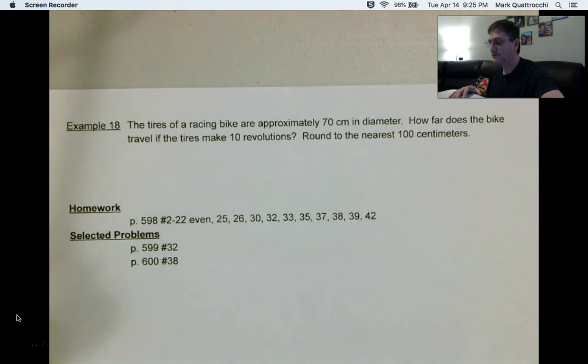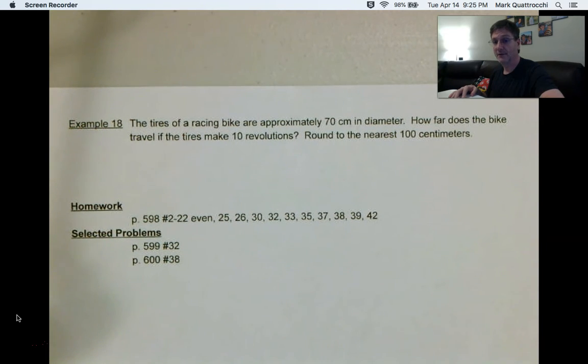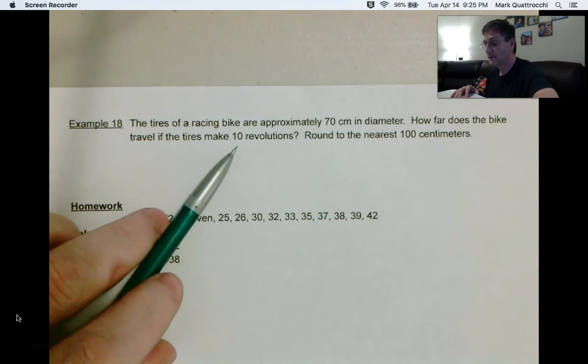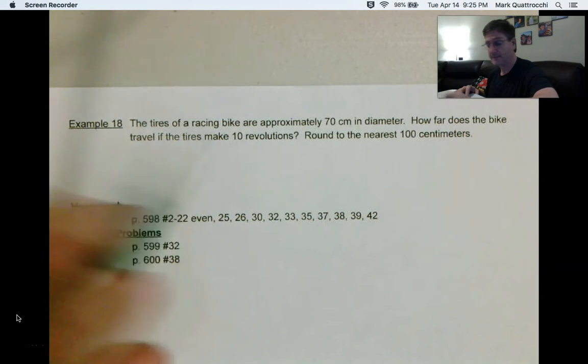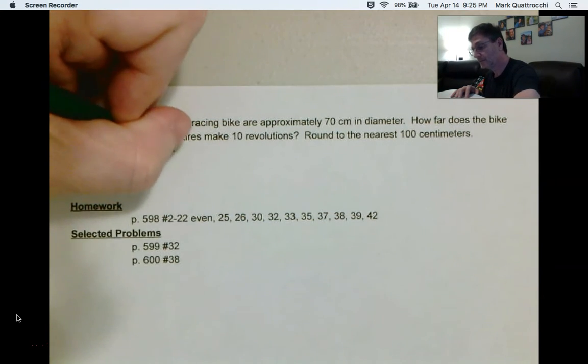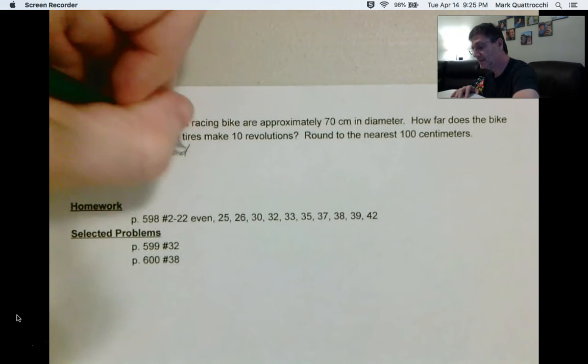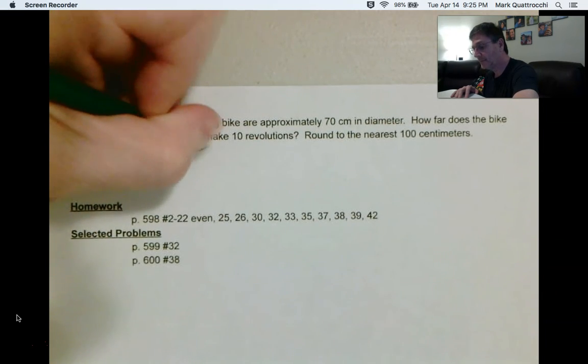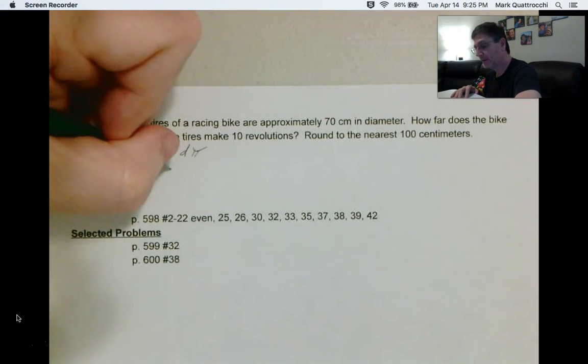How far does the bike travel if the tire makes 10 revolutions? We're going to round this to the nearest 100 centimeters. So that means that we're going to do 10 circumferences. Circumference equals d pi, since we're given diameter.